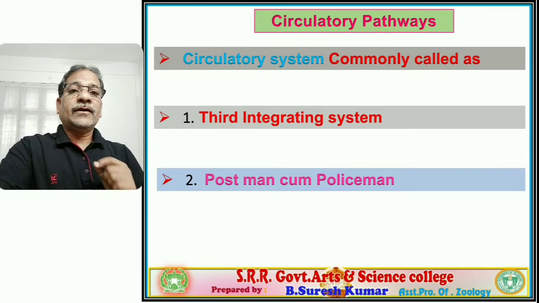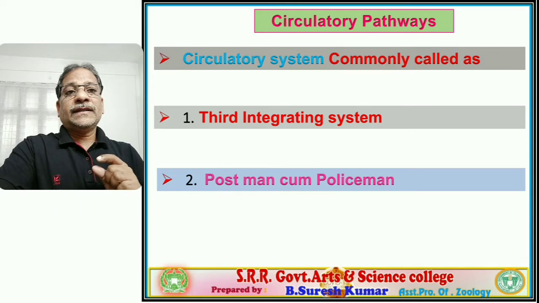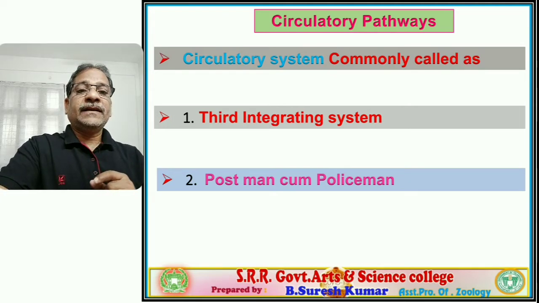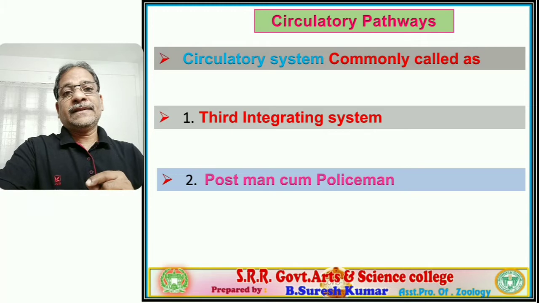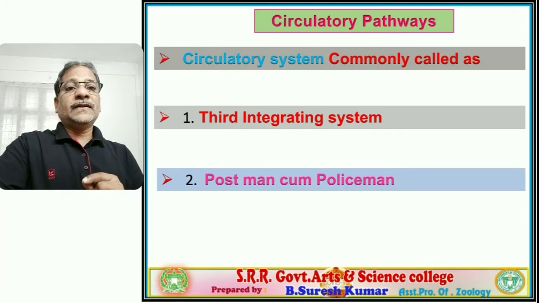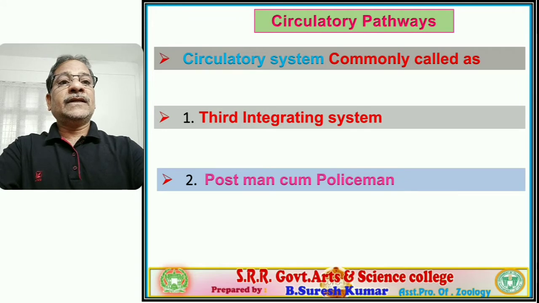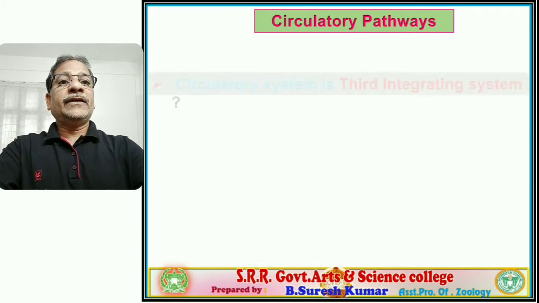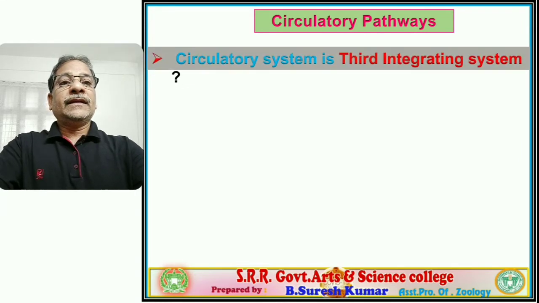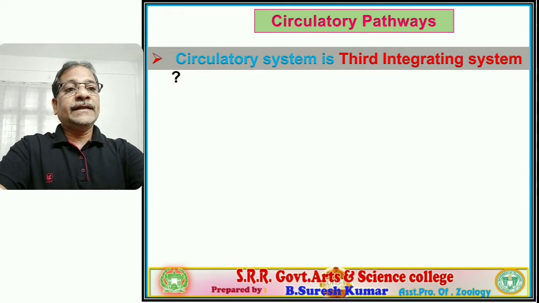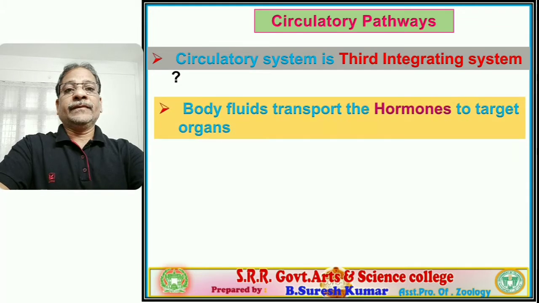So, fellow students, the circulatory system in animals is called the third integrating system and also postman cum policeman. Why were such names given to it? Let us see. The circulatory system is termed the third integrating system. Why?